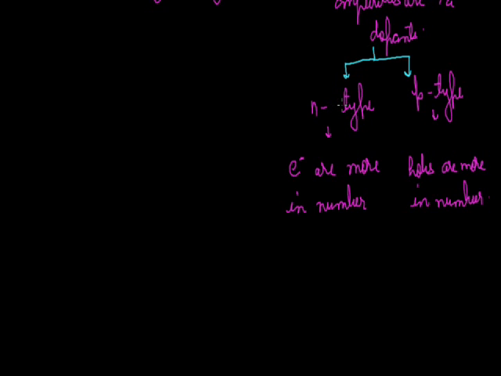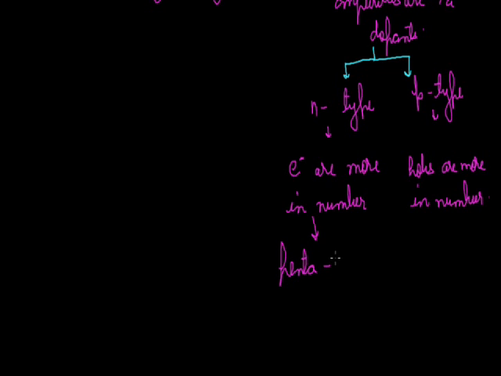So in an N-type semiconductor, electrons are more, so the conductivity is just due to electrons. But in a P-type semiconductor, as holes are more in number, the conductivity is due to holes. In an N-type semiconductor, if we talk of doping, always pentavalent impurities are added.